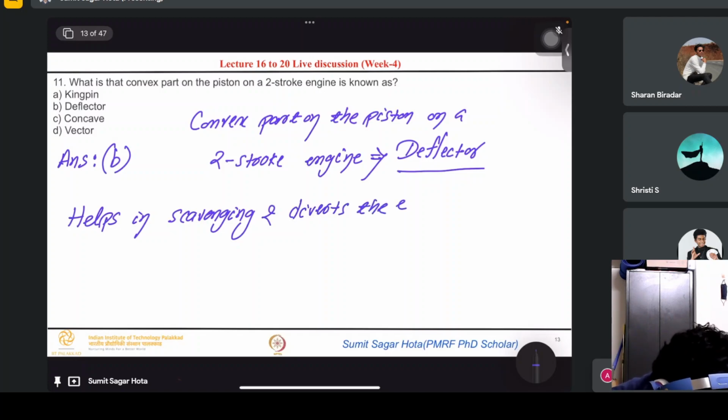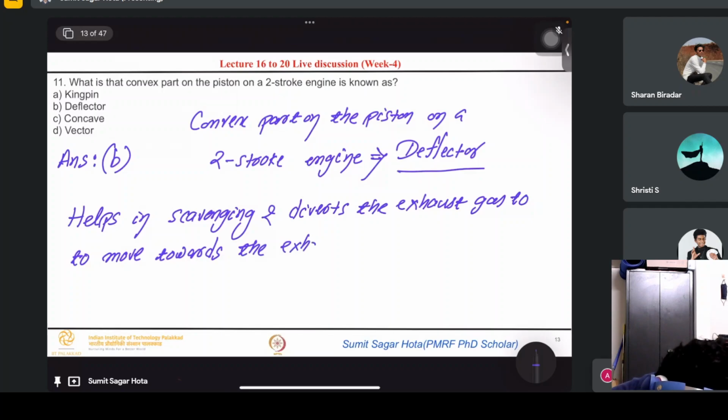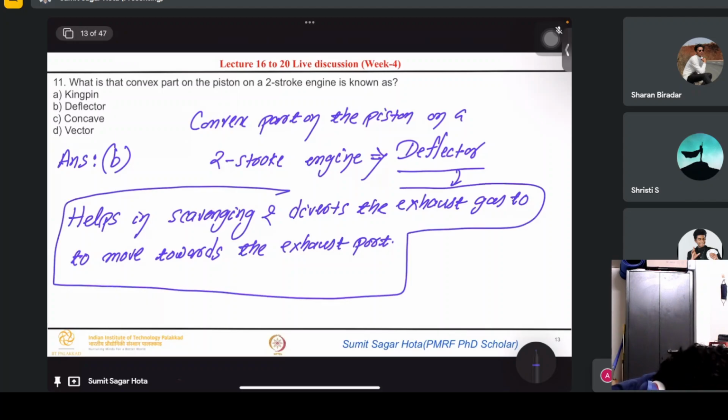Scavenging means to remove the exhaust gases, and the deflector diverts the gas to move towards the exhaust port. This is the work of a deflector.